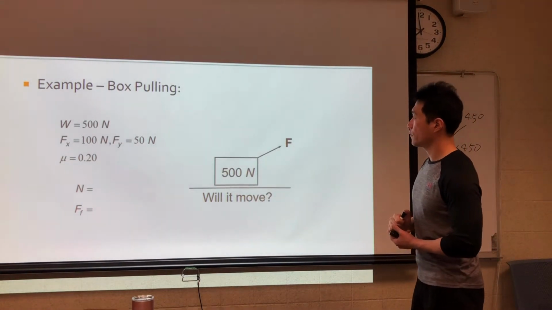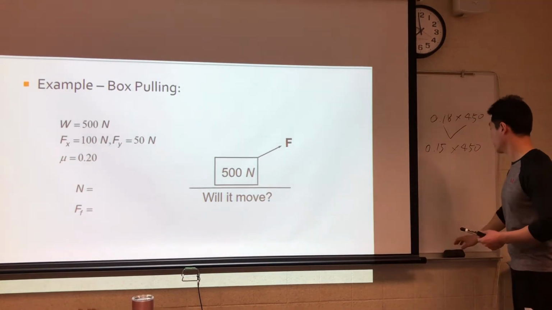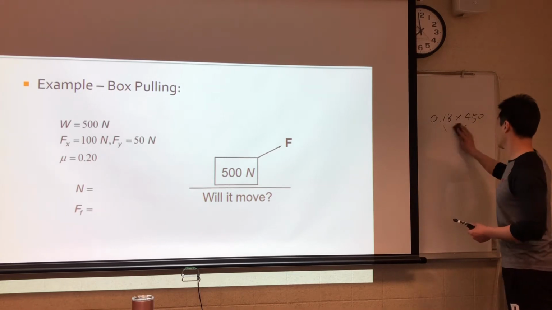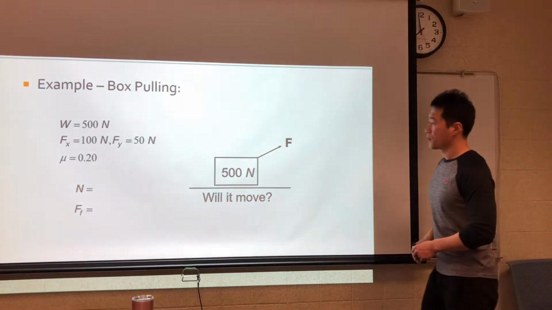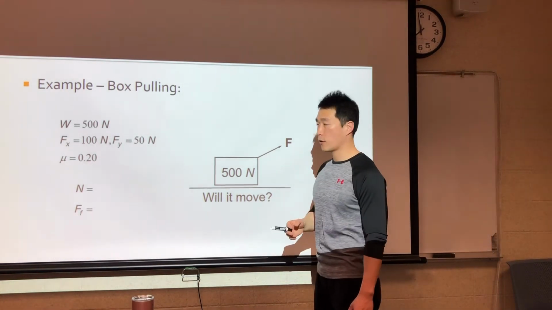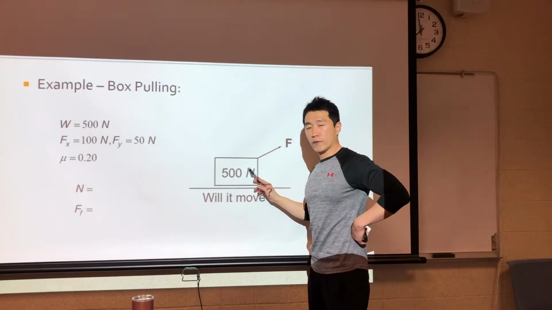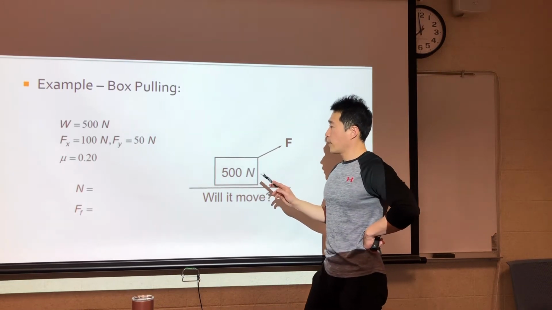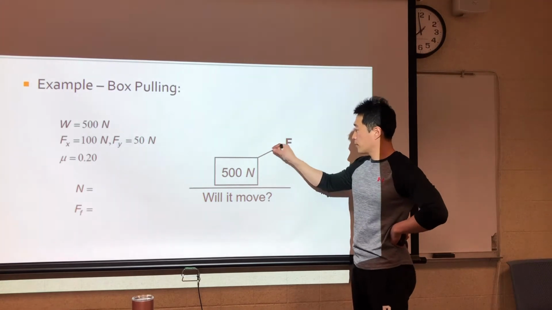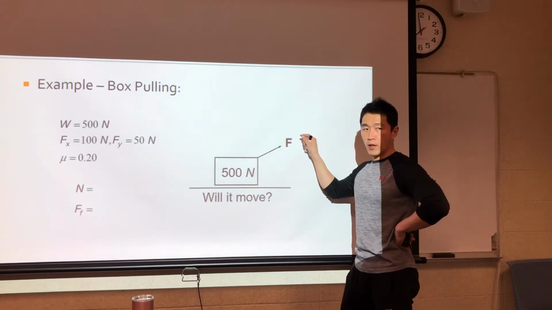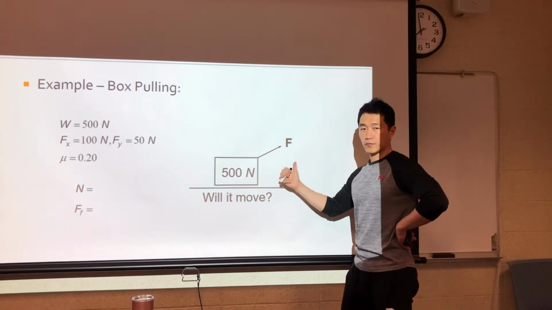And then one more example, box pulling. This is an interesting question, and it's highly related to the exam. We have one box of 500 Newton, and I'm pulling this box this way, and this box will move this way.